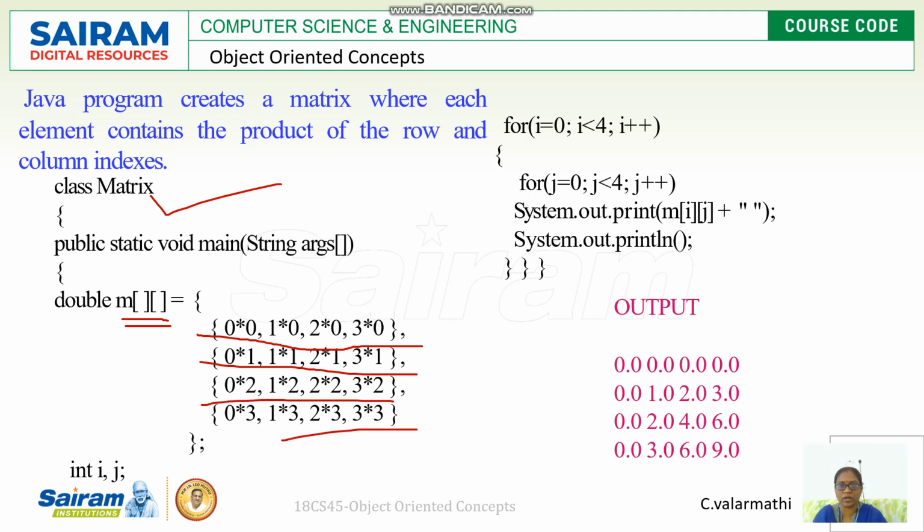Whatever we gave here is multiplied and given as an output here. 0, 0 is the 0.0 value. Similarly, whatever you multiply with 0, you will get 0 here in the first row. In the second row, 0 plus 1 will be 0. 1 star 1 is 1. 2 star 1 is 2. 3 star 1 is 3.